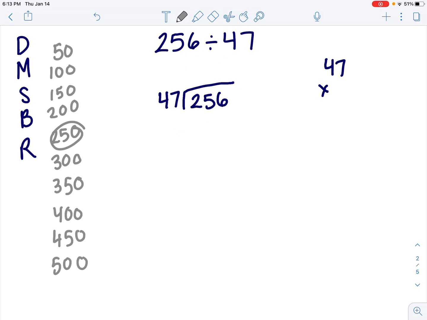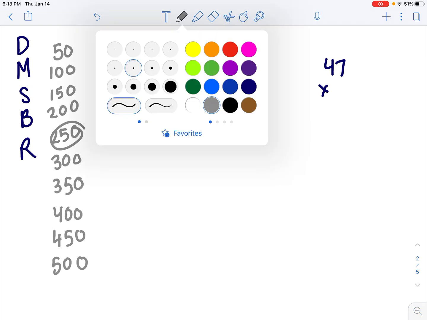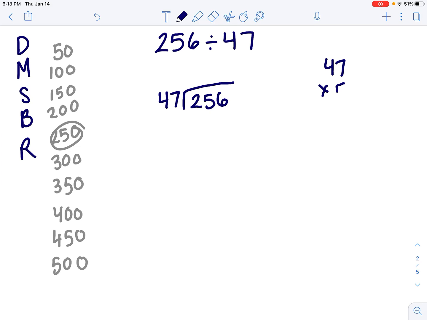So let's try 47 times 5 and see what our answer might be. Okay, 5 times 7 is 35. I carry my 3. 5 times 4 is 20, plus 3 more is 23.